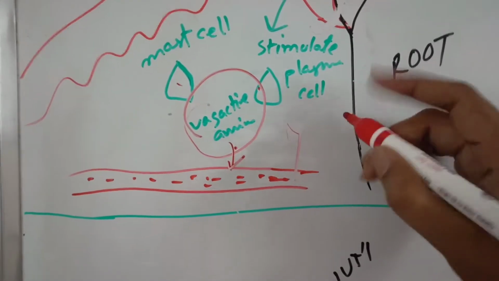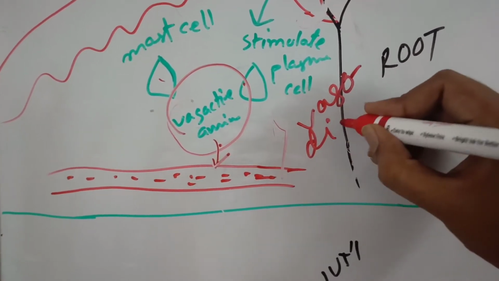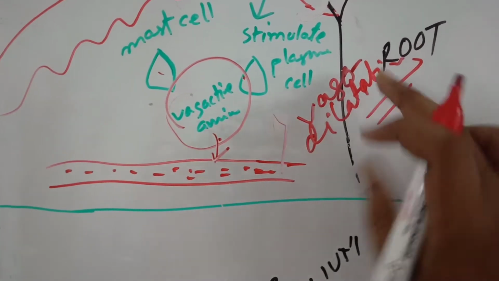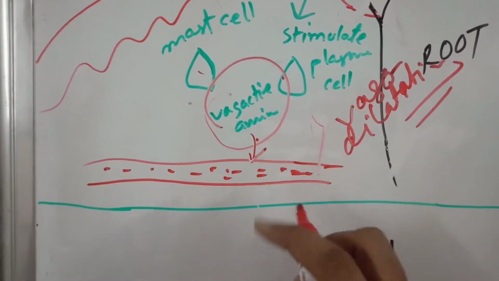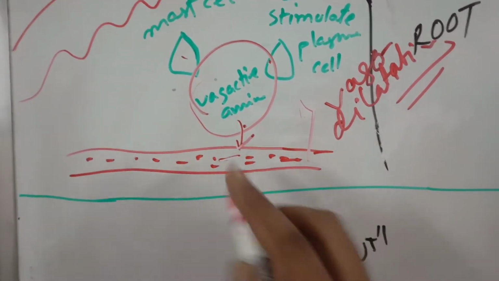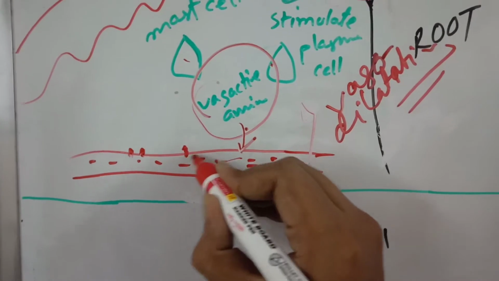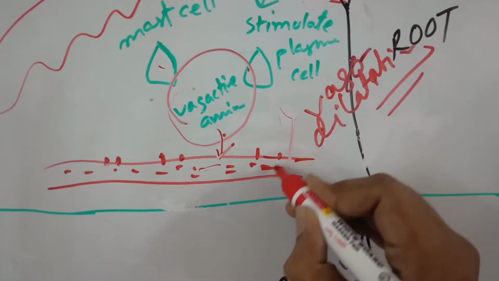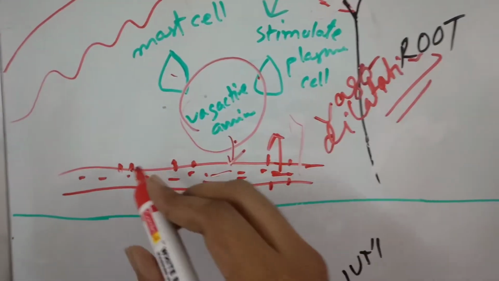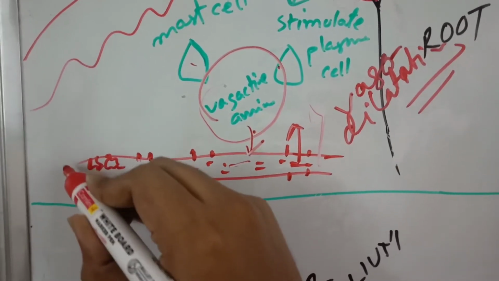It will cause vasodilatation, and it will increase the blood flow. And what will happen? There will be leakage in the blood vessel. That will cause plasma leak, and margination of neutrophils, or adhesion of neutrophils.